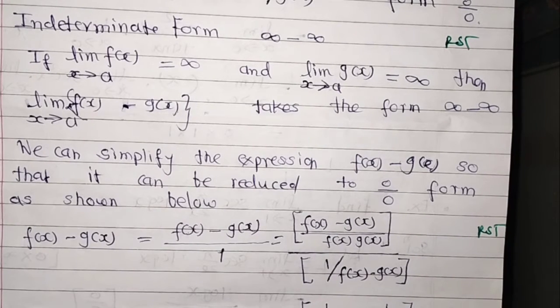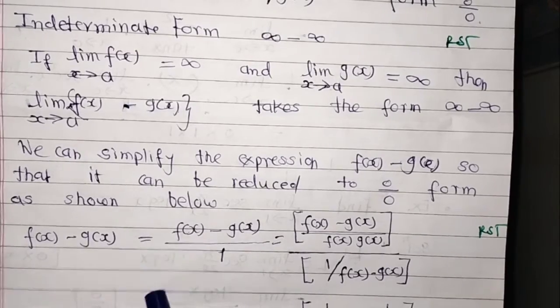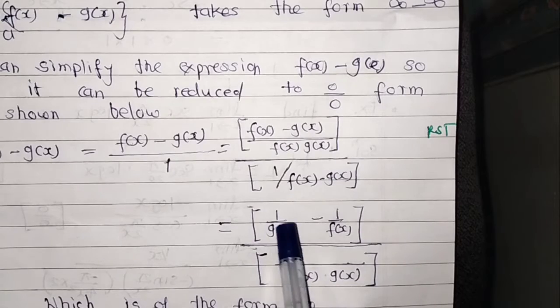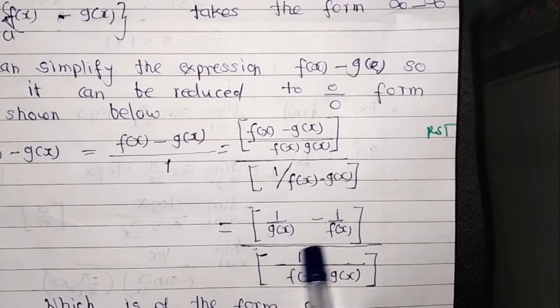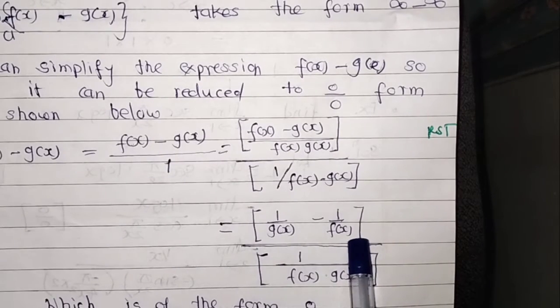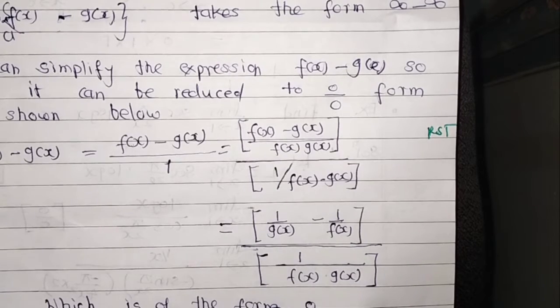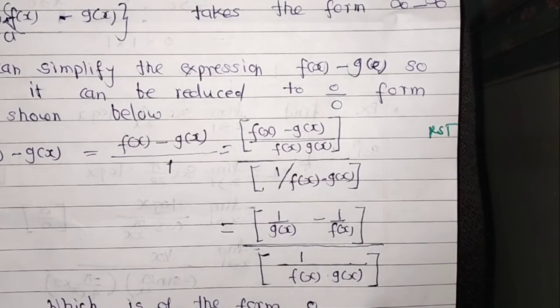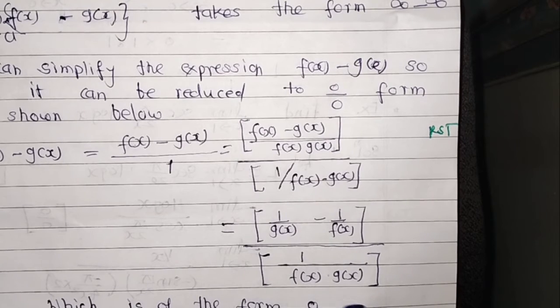After simplifying, we get f(x) minus g(x) equal to, in brackets, 1 upon g(x) minus 1 upon f(x), complete, divided by, in brackets, 1 upon f(x) into g(x), which takes the form 0 by 0.